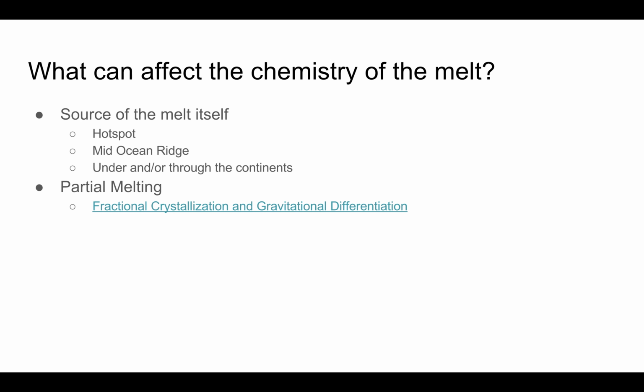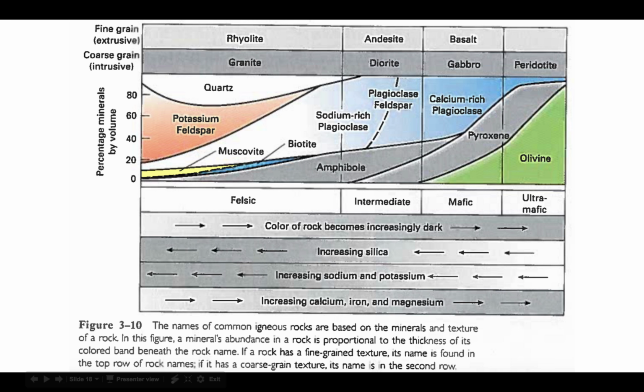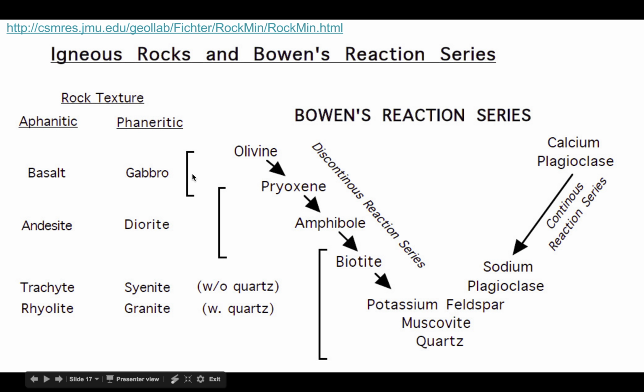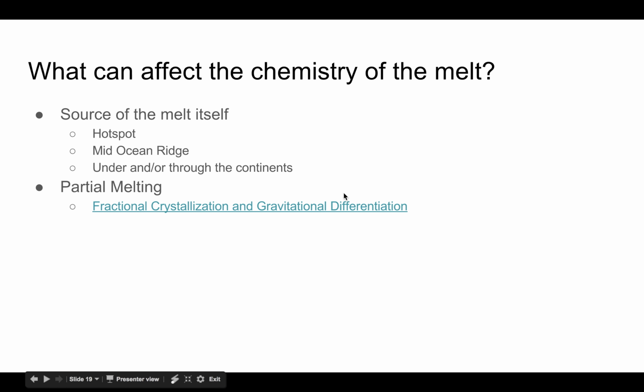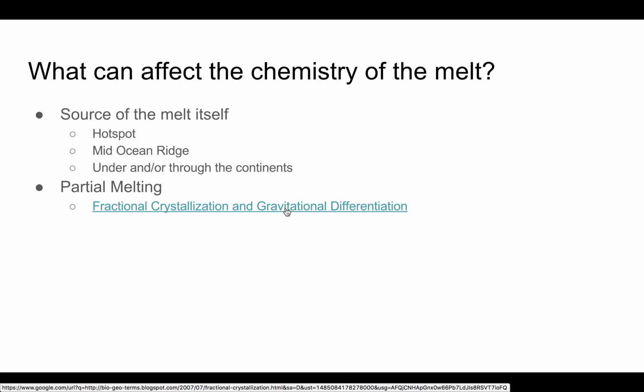If they get the chance, and they don't always, to leave the melt and deposit and become solid rocks, then the melt will become deficient in those first minerals to crystallize. Fractional crystallization just means that a fraction is becoming crystallized. And gravitational differentiation just means gravity is causing those crystals to settle out.